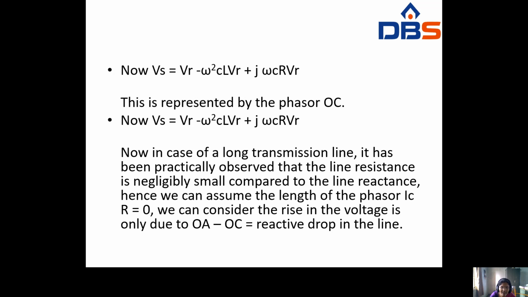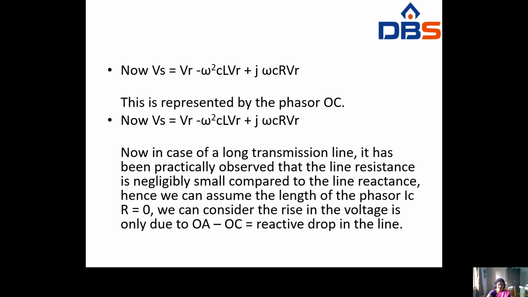Now in case of a long transmission line, it has been practically observed that the line resistance is negligible compared to the line reactance. Hence, you can assume that the phasor IC is equal to 0.